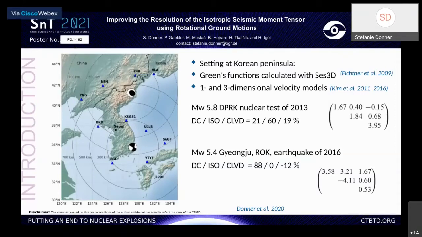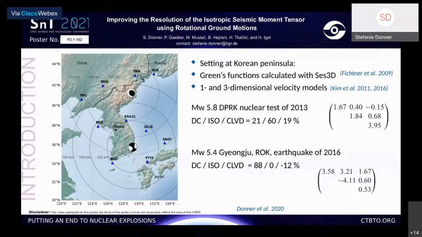The necessary Green's functions to do waveform inversion we have calculated based on a 1D and a 3-dimensional velocity model. So if you're interested in the results, I welcome you to come to my poster and discuss with me, and I'm happy to take your questions.